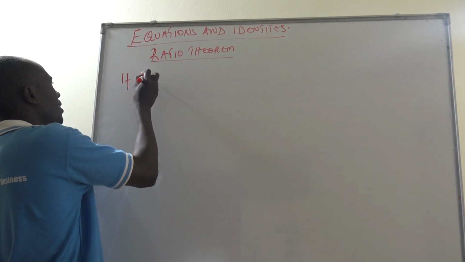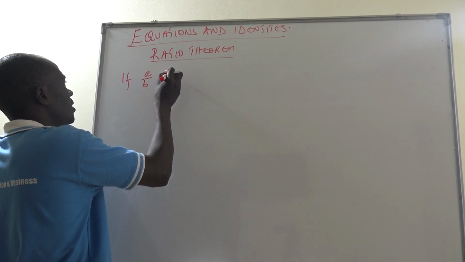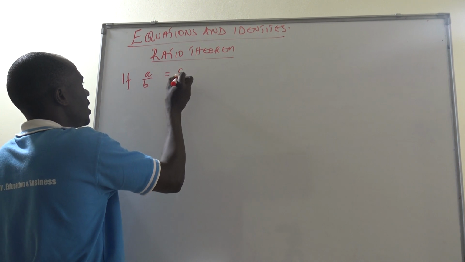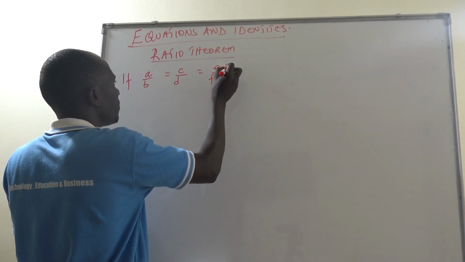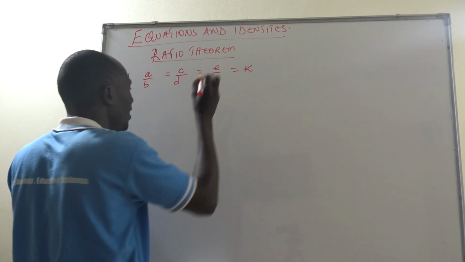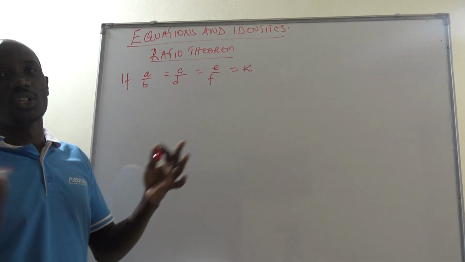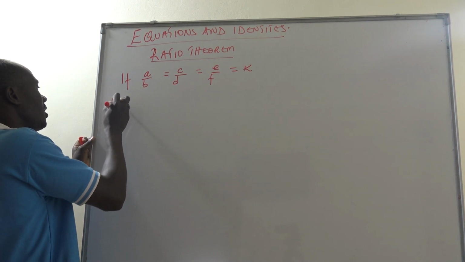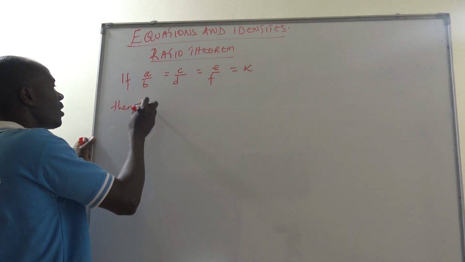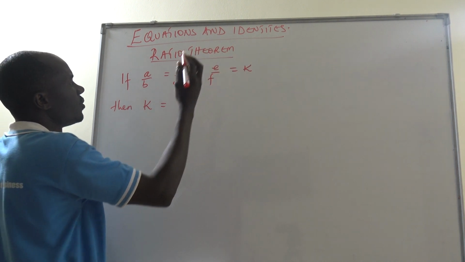If A out of B equals C out of D equals E out of F equals K, they consider now in the form of Russell theorem and the equivalent to a constant, then K equals, how can you get K?